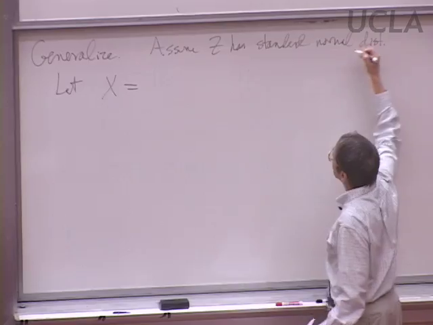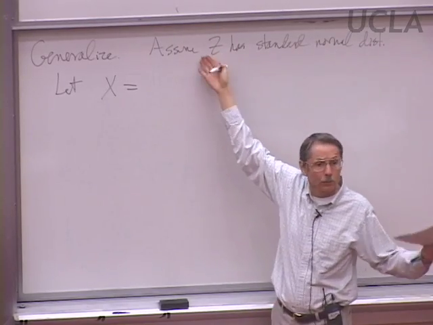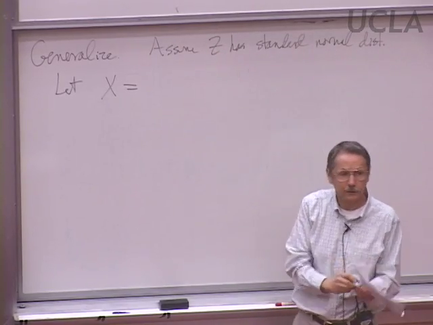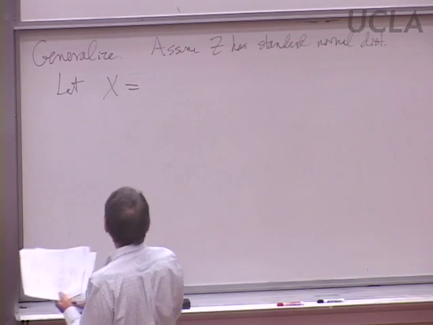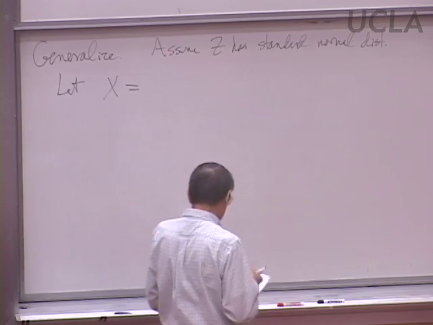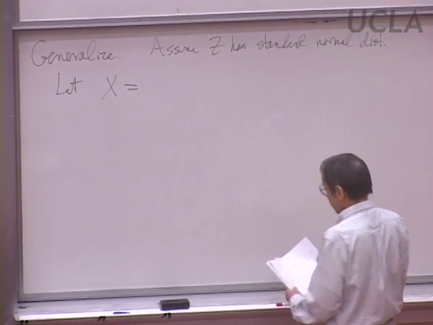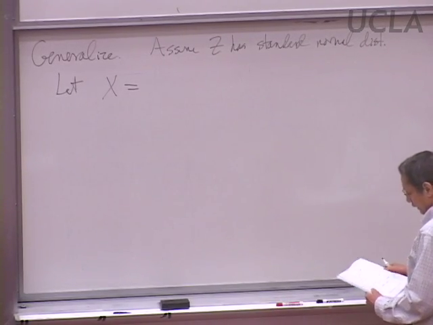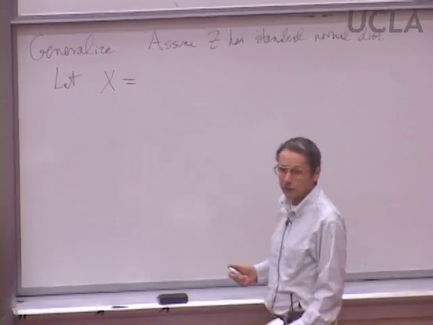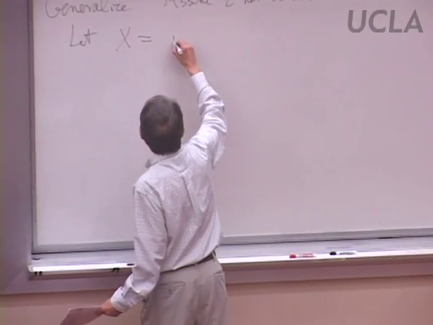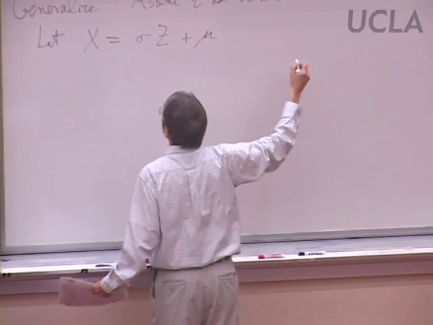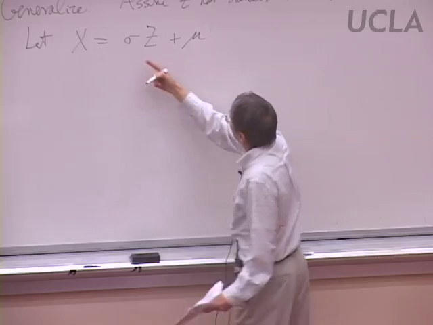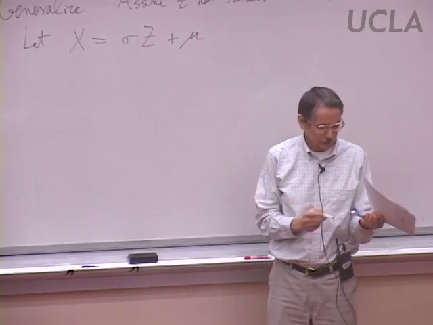In fact, we'll pretty much use the letter Z only for random variables with the standard normal distribution from now on. And okay, instead of 2Z plus 3, what if we take sigma times Z plus mu, where sigma and mu are some constants.